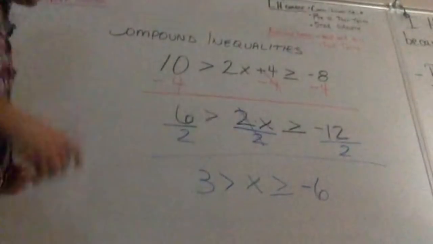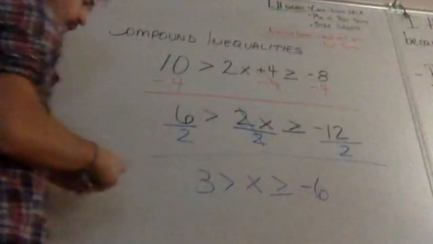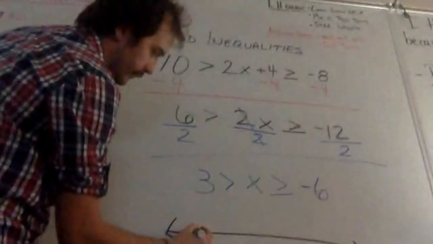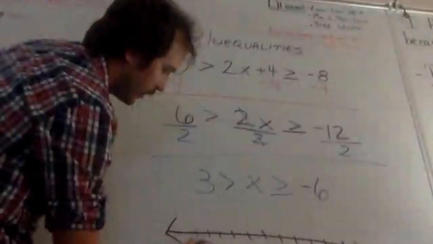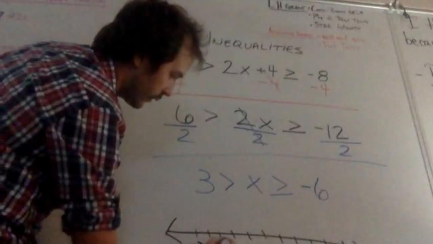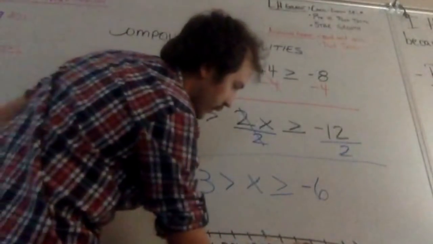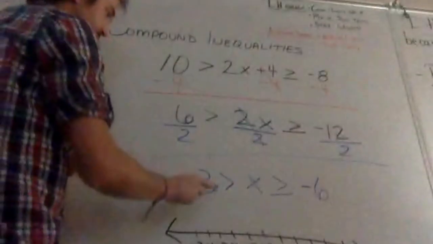I then have my compound inequality where x is all by itself. I then can have a number line where, what do I have? Negative 7, negative 6. Where I see that x, or 3 is greater than x.